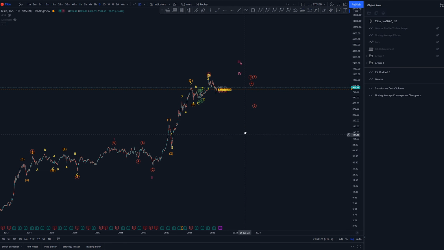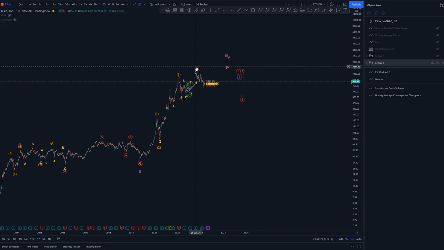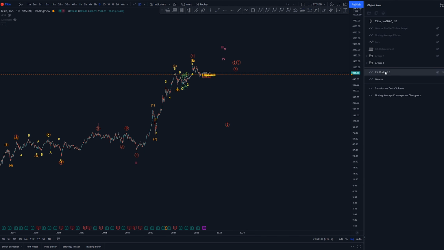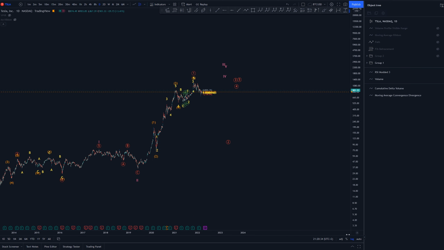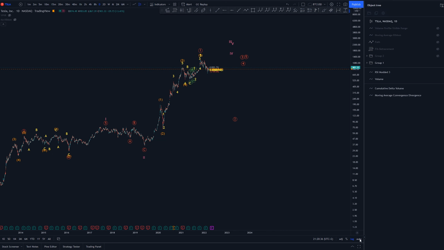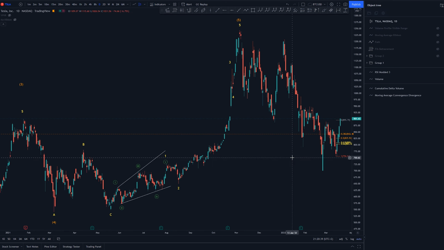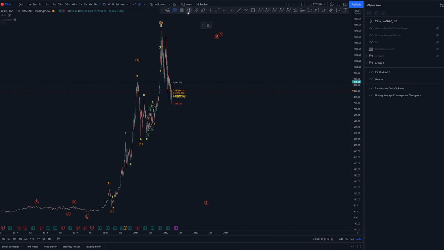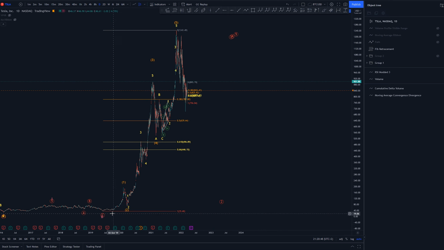Now, having said that, we have this primary 1 placed here, and where are we looking for primary 2? Depending on whether you like to use log or not, let's not use it this time for simplicity's sake. We got this fib retracement from the start of wave 2 cycle, wave 3 cycle up here, end of wave 2 cycle.